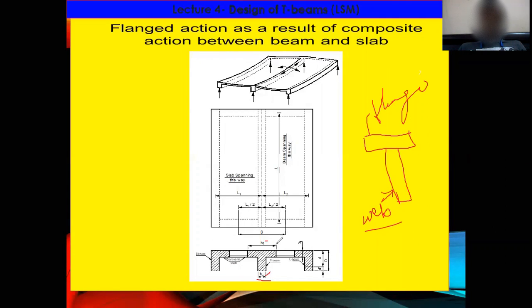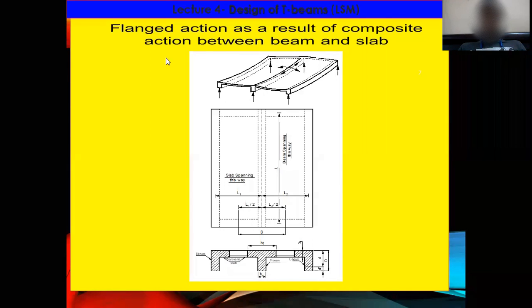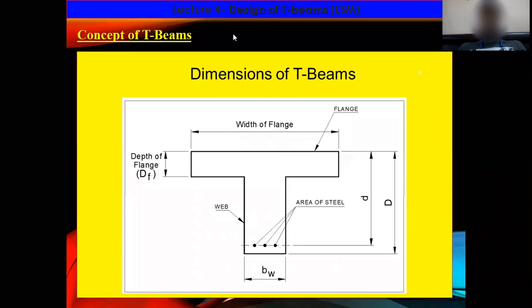BF is nothing but width of the flange, and D is nothing but total depth of the beam, including the slab. So these are the dimensions of the T section. This is the width of the flange from here to here, and this is the thickness of the flange, capital DF.